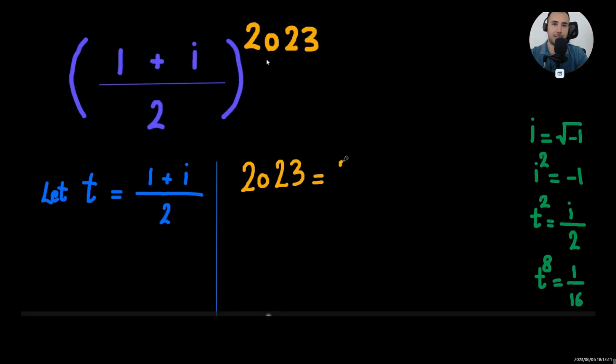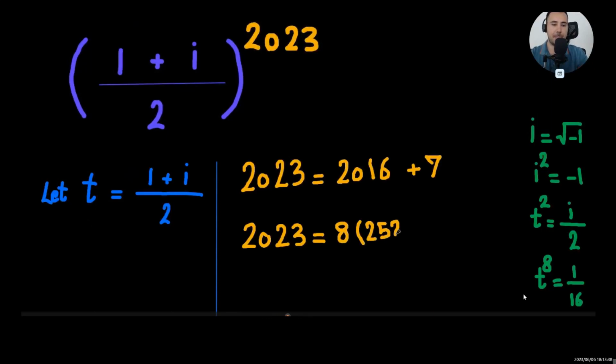So how to break this 2023 into many parts? To do that, I'm going to find a number smaller than this that is still divisible by 8. I'm going to get 2016, right?